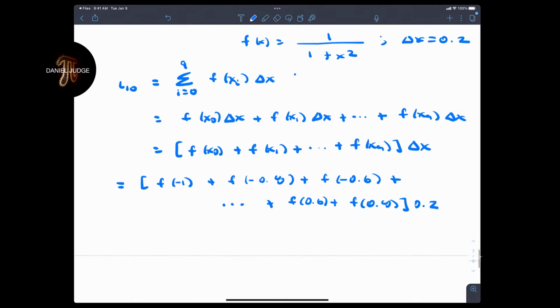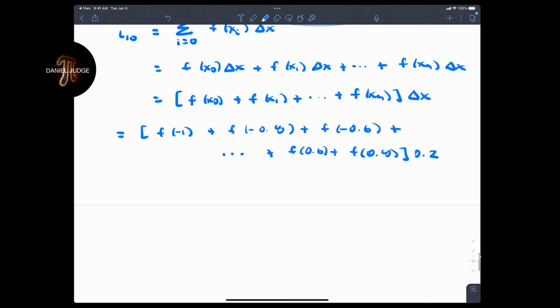So we need now to remember what the function is here. Now, there's a couple of ways I can do that. So maybe I'll just write that down here and say this is 1 over 1 plus -1 squared plus 1 over 1 plus -0.8 squared.